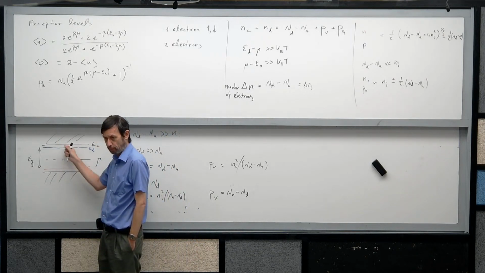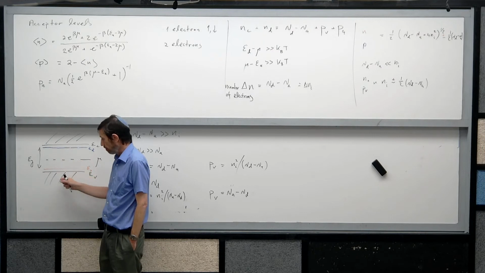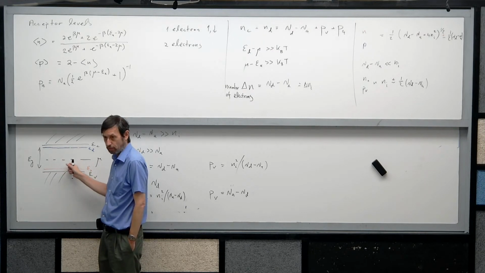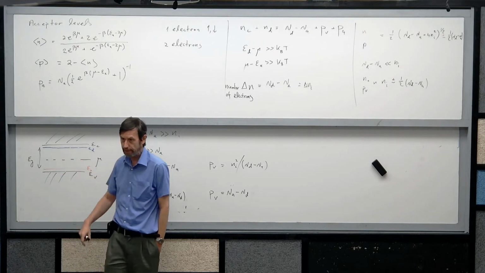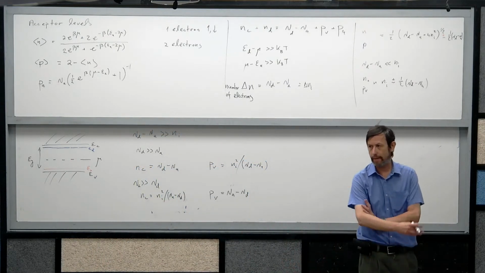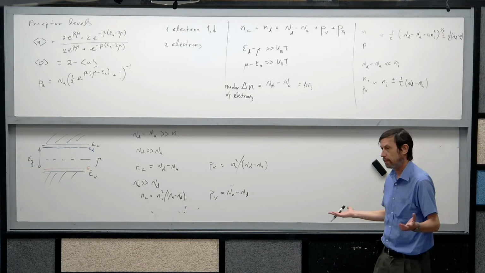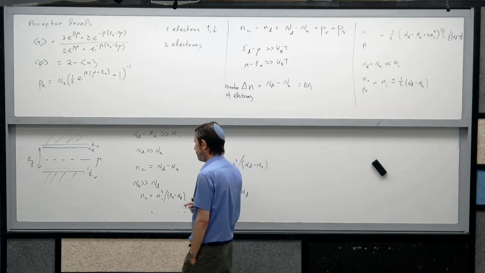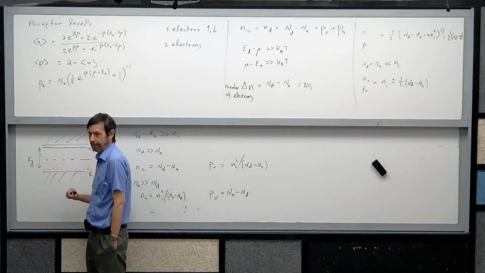It will just jump from here to here, and the number of holes in the valence band will be essentially the number of acceptors that we have in the game.